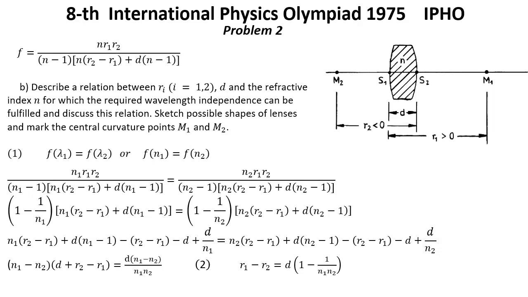The indices of refraction are greater than 1, and the thickness of the lens is greater than 0. Therefore, equation 2 becomes d greater than R1 minus R2, and R1 greater than R2. So that was the solution for question B.